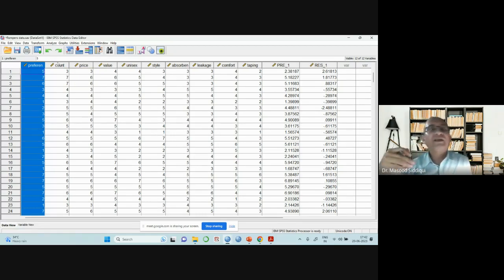But with our all efforts, right? How many predictors we take? There are some other predictors also which are not included in the model, and they may have impact upon the preference. Like here, suppose some advertisement is there. So because of advertisement, preference may increase.